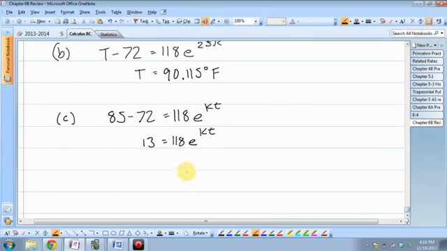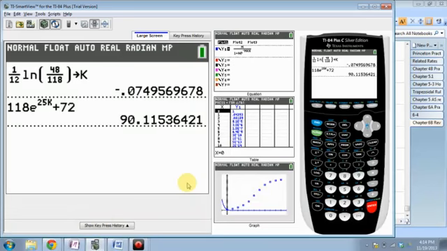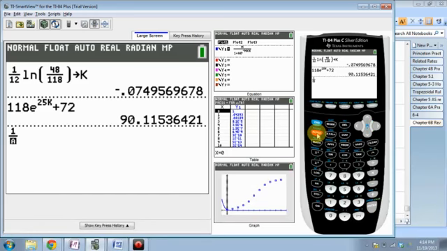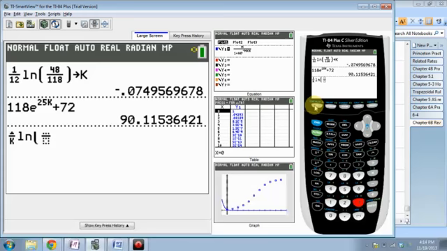Remember, k is known, t is not. 13 over 118 equals e to the kt. kt is the natural log of 13 over 118, or t is equal to 1 over k natural log of 13 over 118.